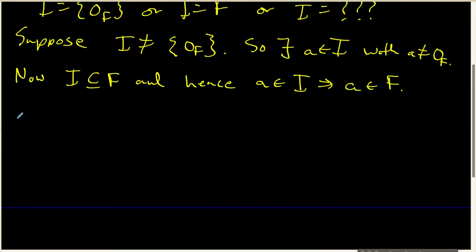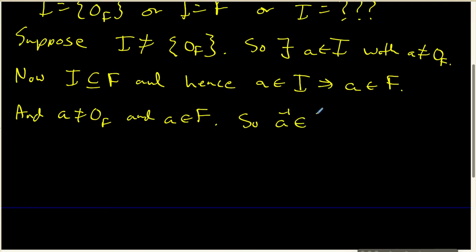And so I know that now a is a non-zero element of the field. So that says there is a multiplicative inverse inside the field F. So there's an a inverse such that a inverse times a equals a times a inverse equals the multiplicative identity of the field, in other words, 1 in F.